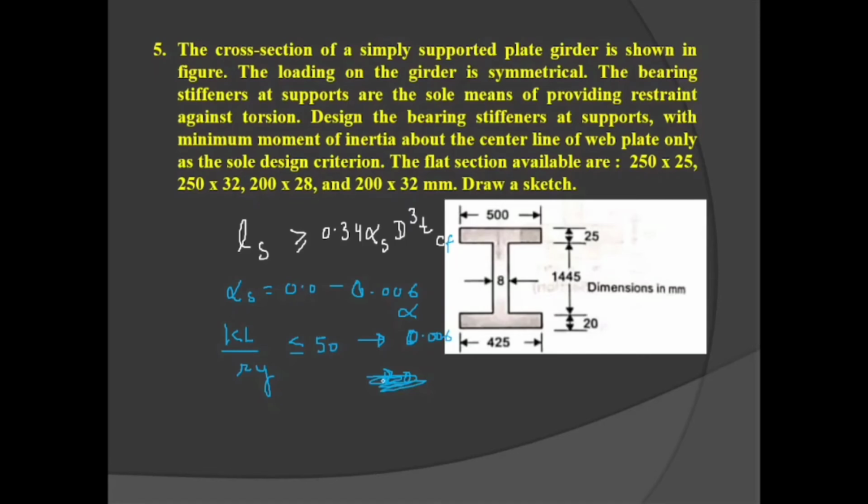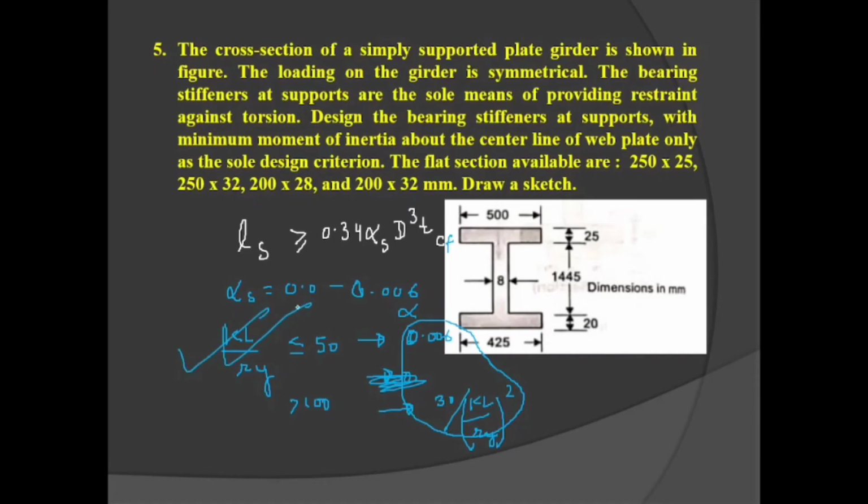And alpha is equal to 30 divided by (KL by RY) whole square for KL by RY more than 100. These are the different values of alpha. But here only the first value is applicable because KL by RY is less than 50.